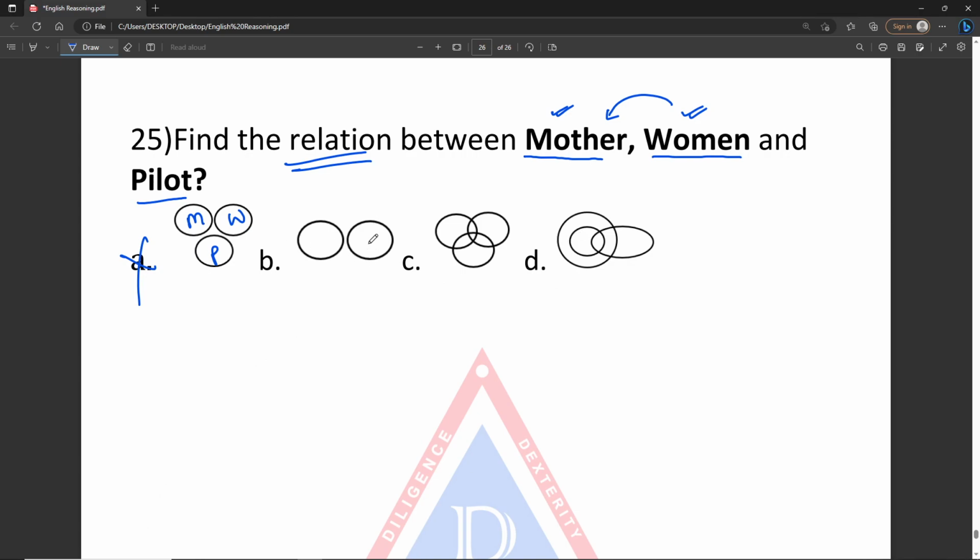Okay, one place should be here. Let's go. If we go with mother here, woman here, pilot here, do only women become pilots? No. Now, if we go mother here, woman here, pilot here.